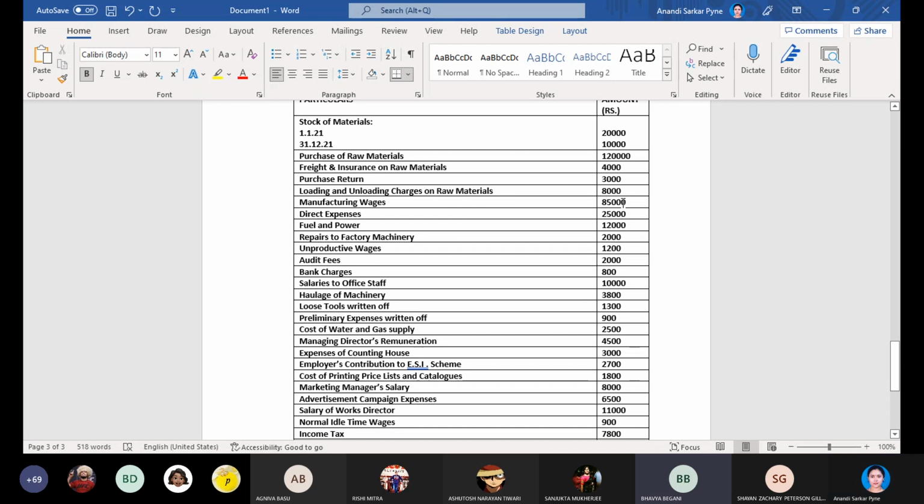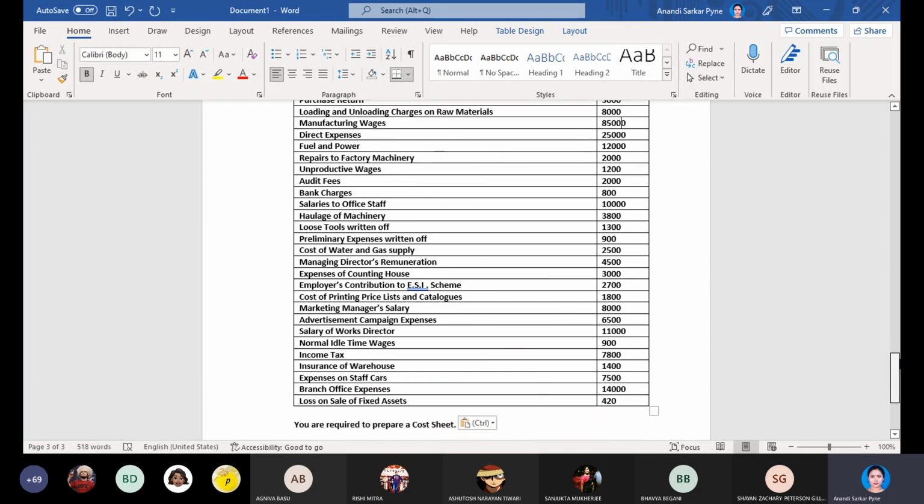So that also will be added to the prime cost. Raw material consumed, add manufacturing wages, add direct expenses, you will get prime cost, unless we have any other direct expenses. So check once if you have any further direct expense or not. If you do not have any other direct expenses, what you will get is prime cost.